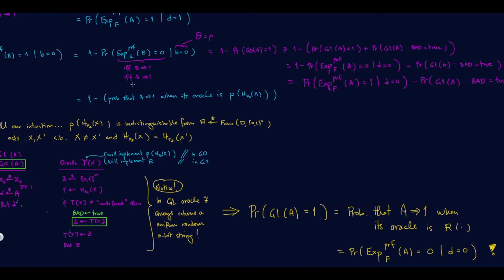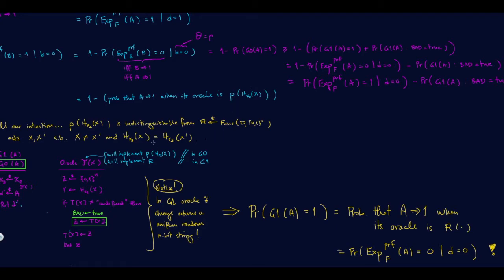So recall, this is the piece that we were trying to bound, the probability that B outputs 1, which happens if and only if A outputs 1, when B's oracle is this little random function rho. We argued that when B's oracle is this little random function rho, then that means we simulate for A this thing.